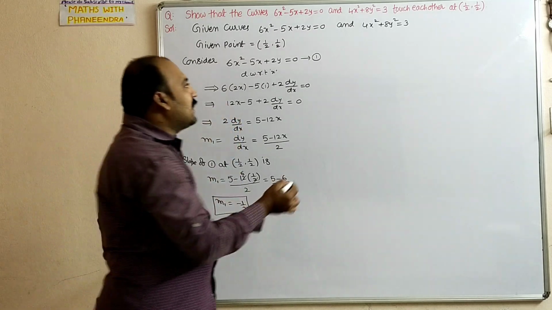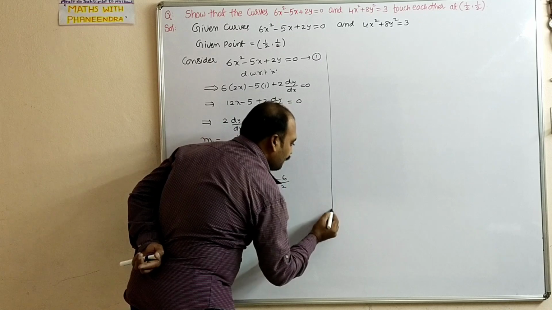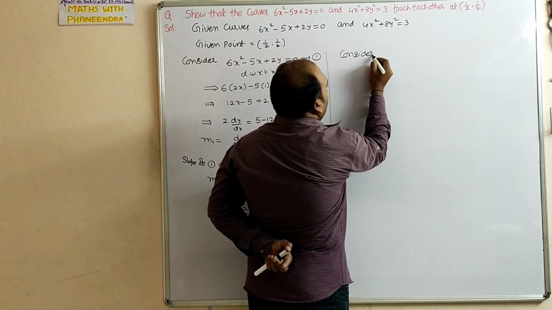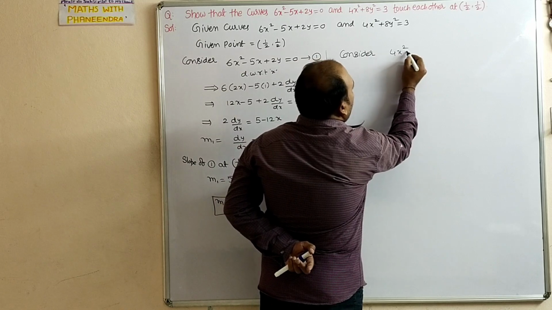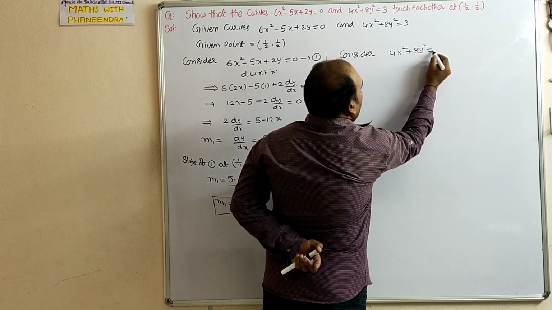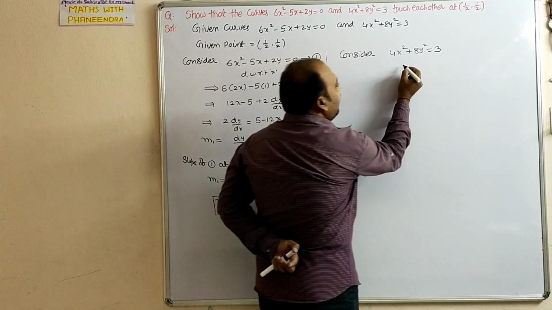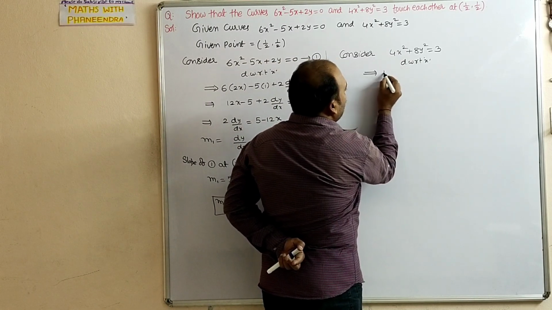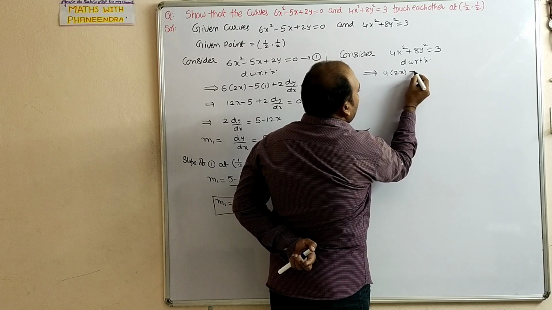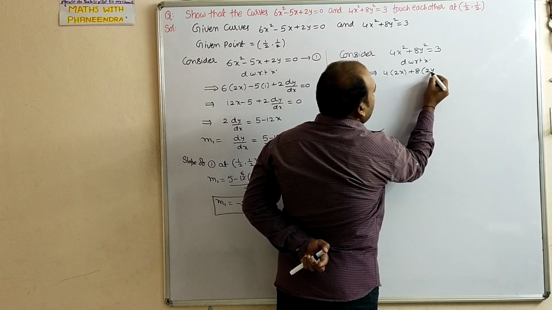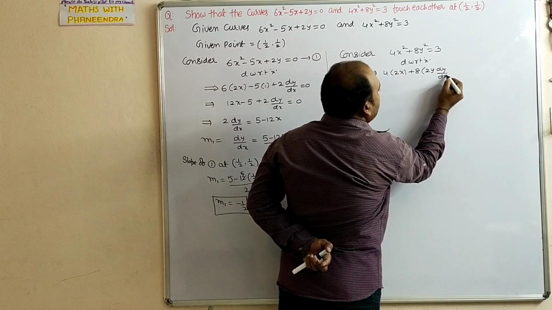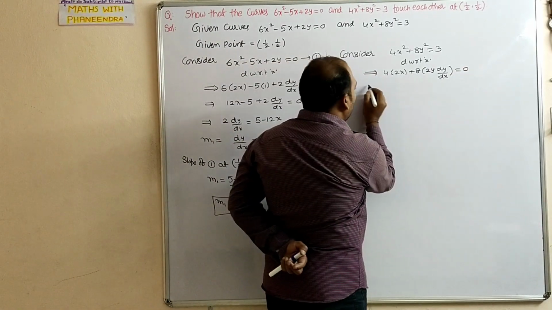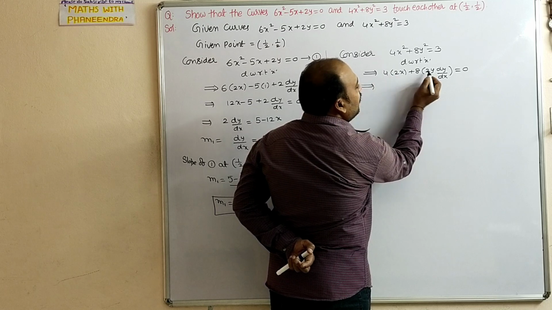Now similarly, consider the second curve. 4x square plus 8y square equal to 3. Differentiate with respect to x. 4 into x square derivative is 2x, plus 8 into y square derivative is 2y into dy by dx, is equal to constant derivative, which is 0. So here 4 into 2 is there, here also 8 is there.